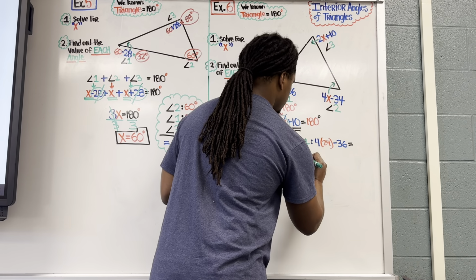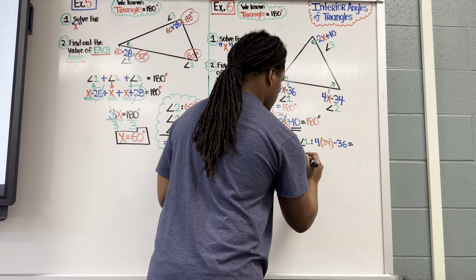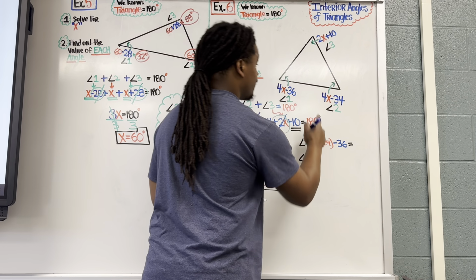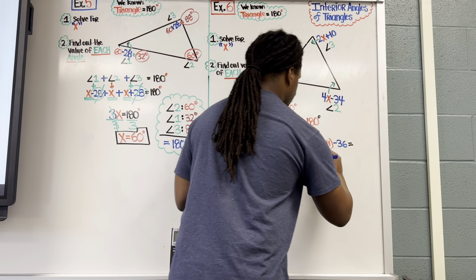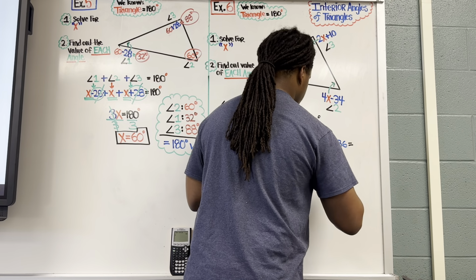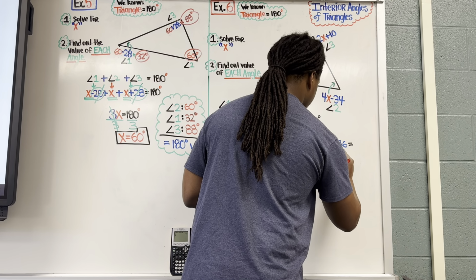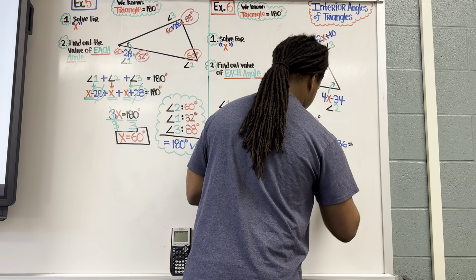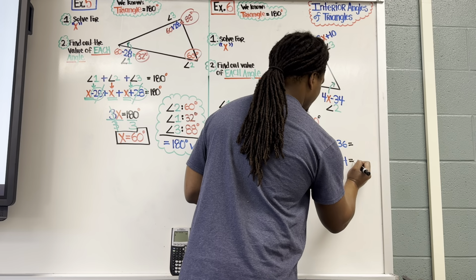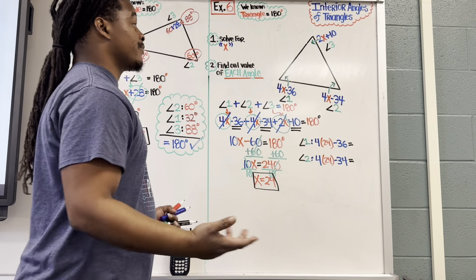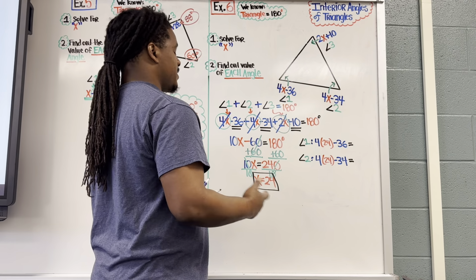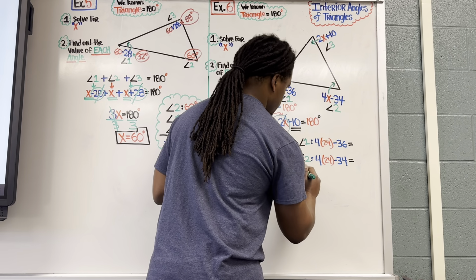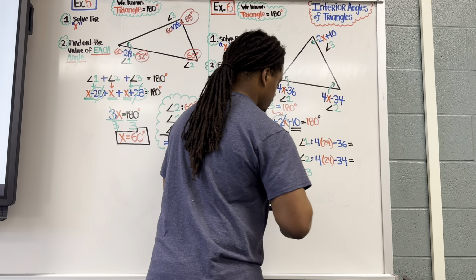Angle 2, same process. Angle 2 is 4x minus 34, so it's going to be 4 times 24 minus 34. Okay? And then angle 3 is 2x plus 10, so that's going to be 2 times 24 plus 10.